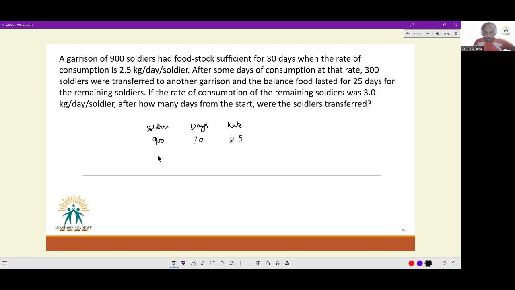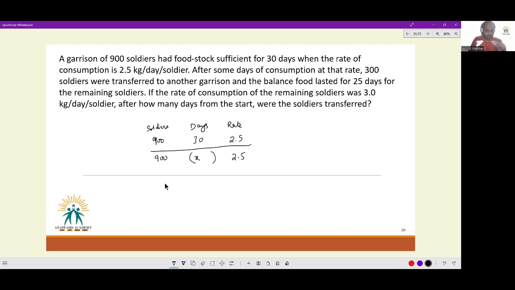See, after some time, what had happened was 900 soldiers were still there. They were still eating at the 2.5 rate, but food left for them was for X days only, because some days have passed. Now, think of it this way.